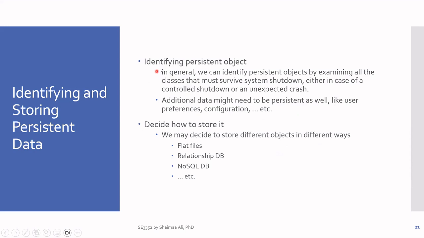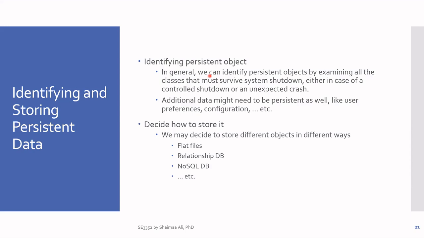So you need to identify which objects need to be persistent. Not every object that is running on the system and needed while the system is running will need to be accessed later after you shut down. So we need to identify which objects will be needed after the system shuts down.